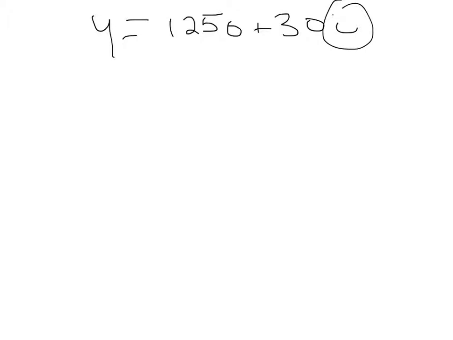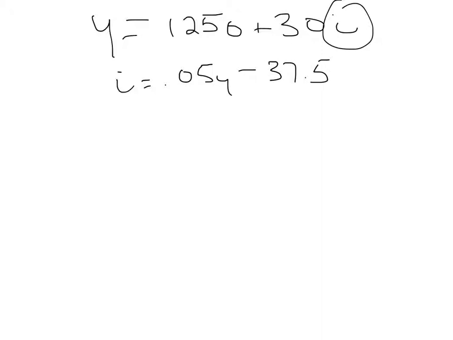Okay, so the equation I found for the goods market was Y equals 1,250 plus 30I. Now I'm going to substitute this I for what I found for the I equation, which was I equals 0.05Y minus 37.5.